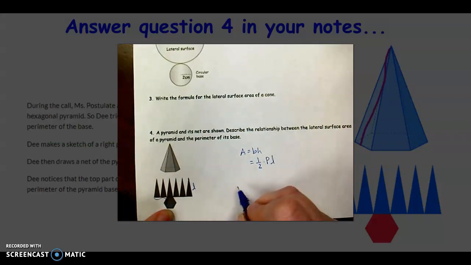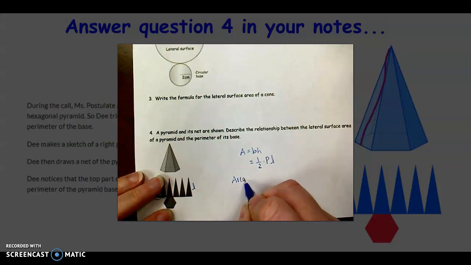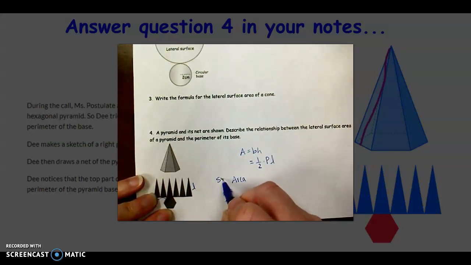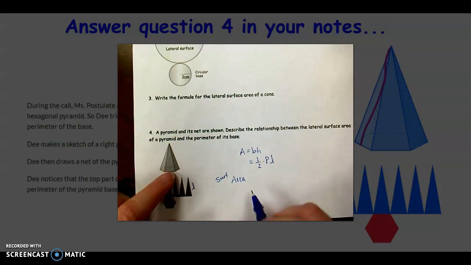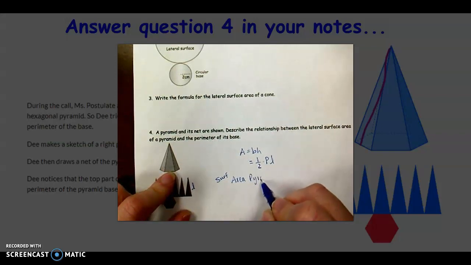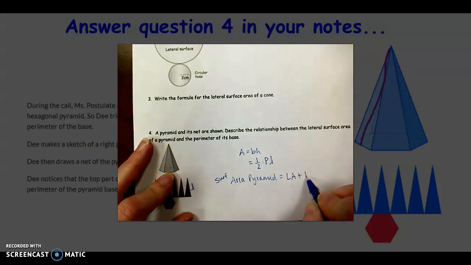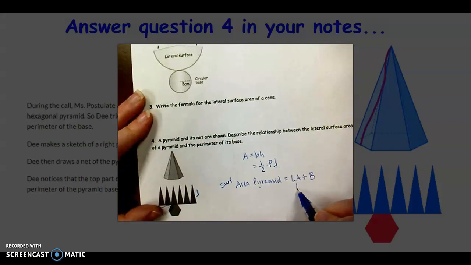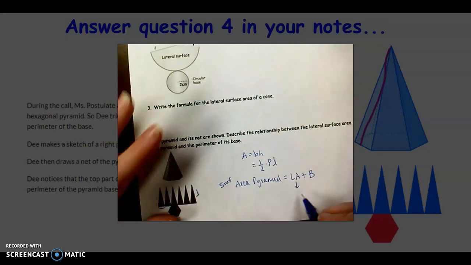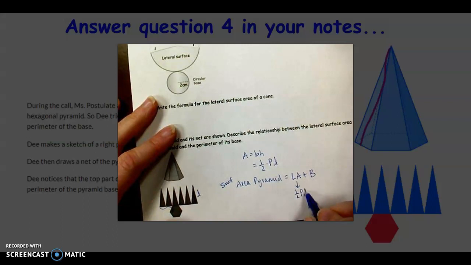So it'd be 1/2 times the perimeter times the slant height. And then the surface area of the pyramid is the lateral area plus the surface area of the base. Well, that lateral area is what we just said, 1/2 the perimeter times the slant height.